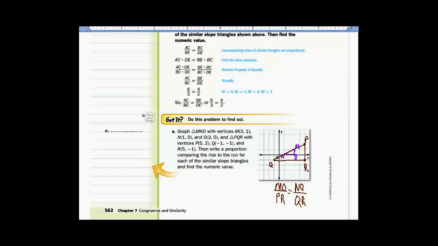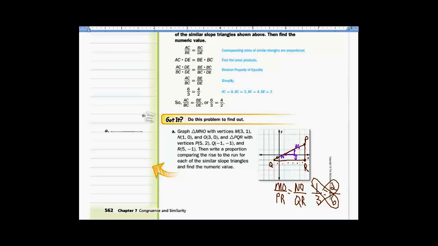Now, what are the numeric values that go with that? So this rises 1, so MO is 1. 1 is to 3 as NO, 1, 2, 2 is to 1, 2, 3, 4, 5, 6. And doesn't 2 to 6 reduce to 1/3 anyway?